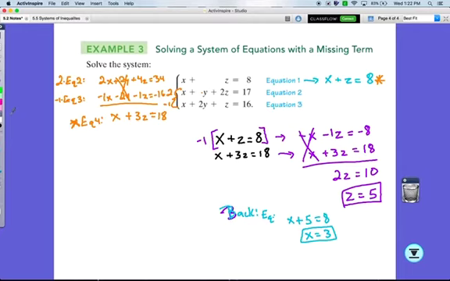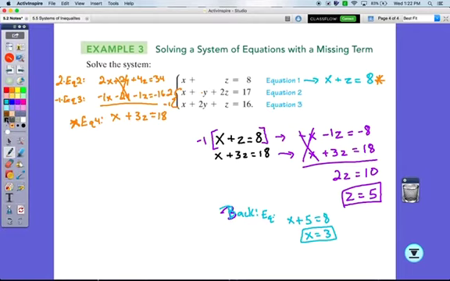And so if I back substitute one more time, I'm going to use equation 3. All right, I'll have 3 plus 2y plus 5 is equal to 16.